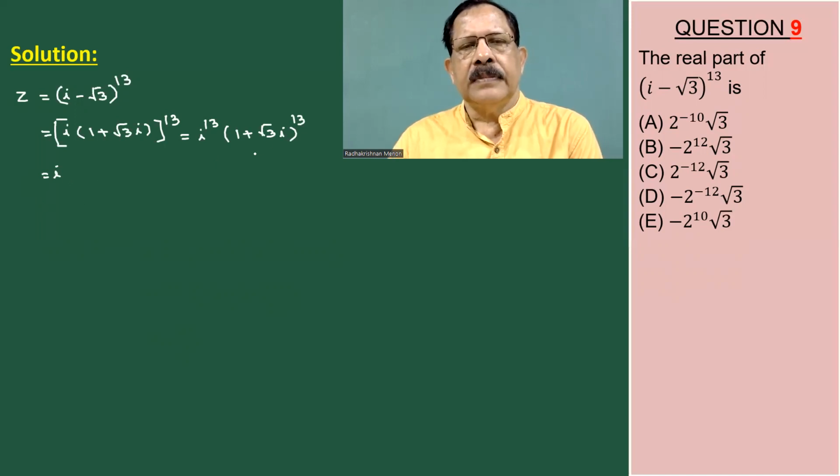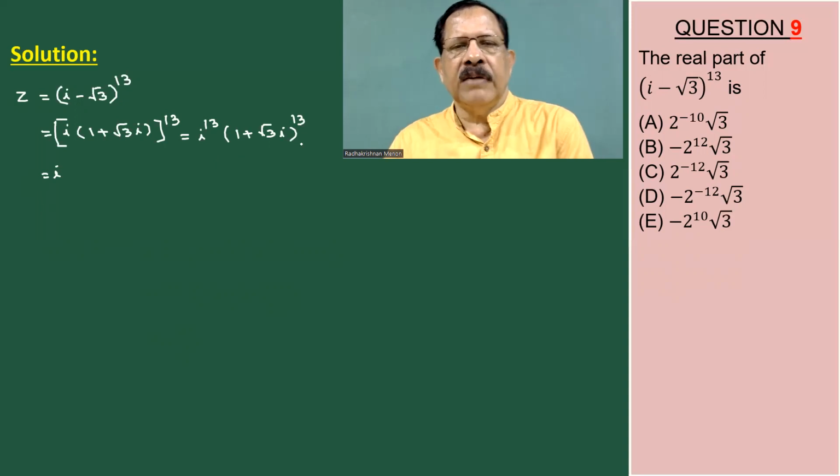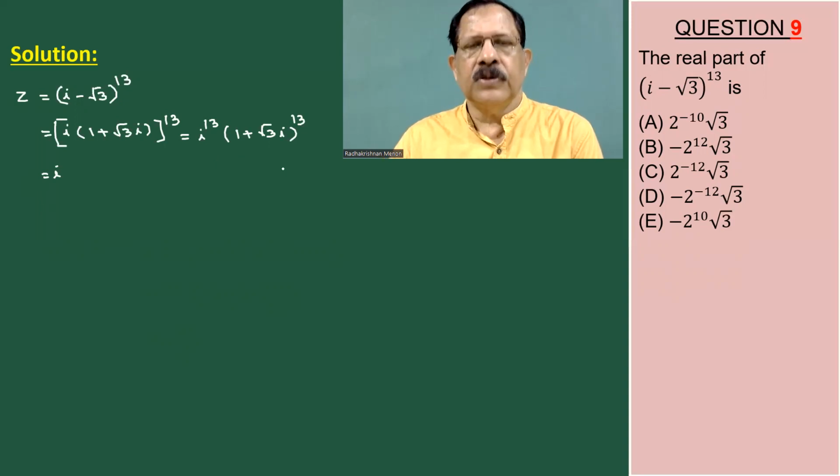So here I want to use de Moivre's theorem. I want to express the expression inside the bracket in terms of cos theta plus i sin theta. So for that I am making a suitable adjustment. I am writing this as 2 into (1 by 2 plus root 3 by 2 i), the whole raised to 30.